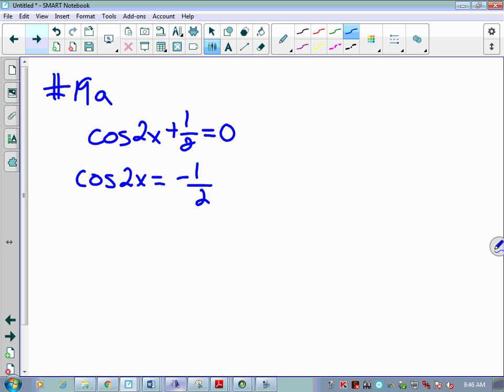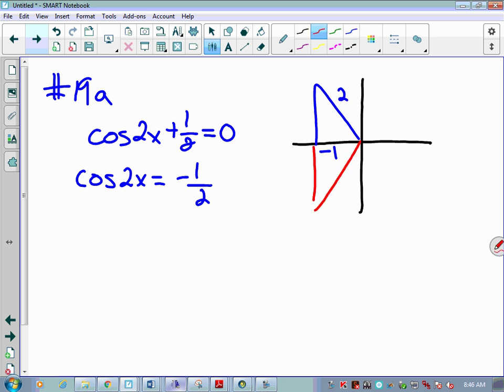So what we're going to do from this point is plot it. -1 divided by 2 in a cosine function, that's adjacent over hypotenuse. So adjacent means I'm going to go to the left 1, with a hypotenuse of 2. So I should see something either here with -1 and 2, or down here with a -1 and 2, right?